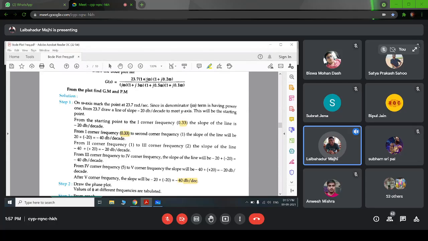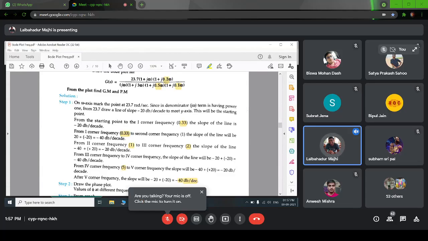Then the second one is for this zero, the corner frequency is 1, and then similarly for this pole the corner frequency is 2, for this zero the corner frequency is 5, and for this pole the corner frequency is 10. Right, so we have the corner frequencies 0.33, 1, 2, 5 and 10.